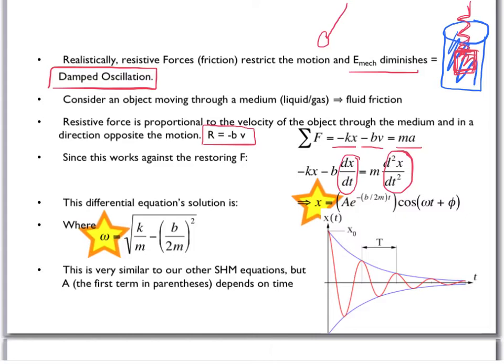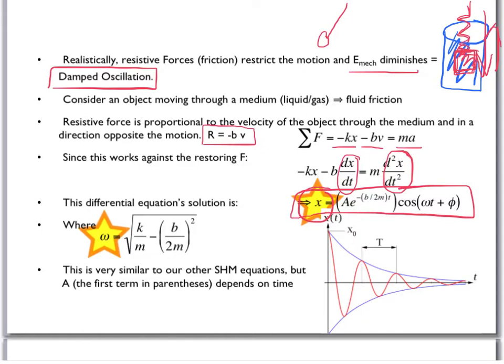Now, this is another differential equation, and we're not going to go through the proof of where it comes from, but I simply need you to know that the solution to this differential equation is this monster right here, where now we have an equation for the position x of this oscillator at any time as it bounces up and down inside of this liquid.